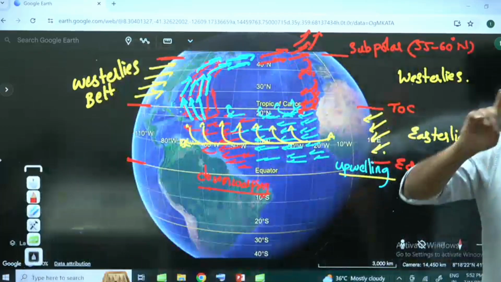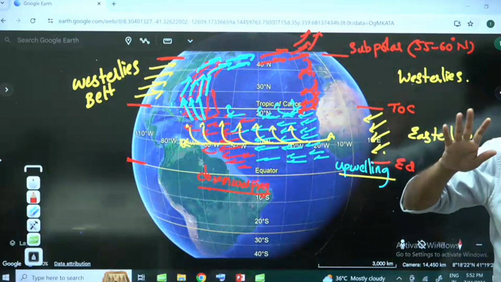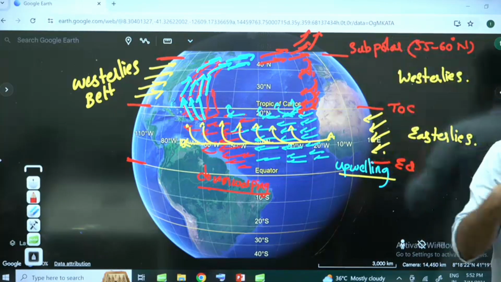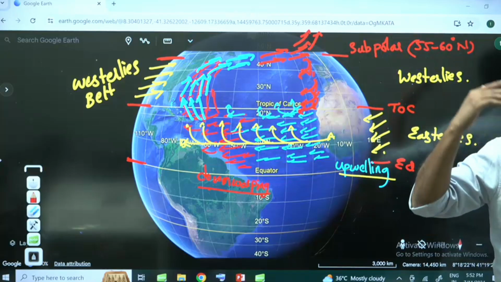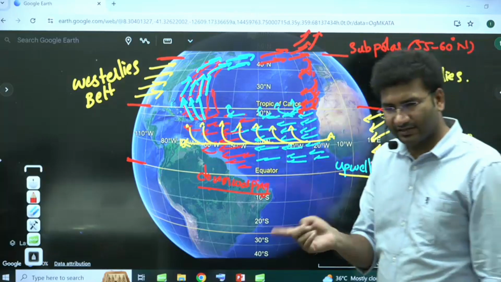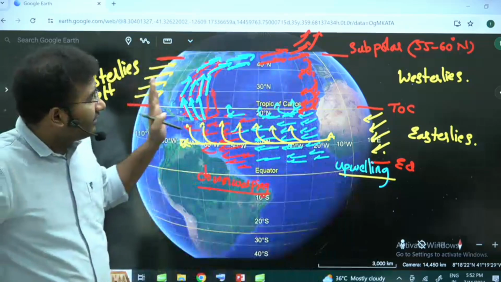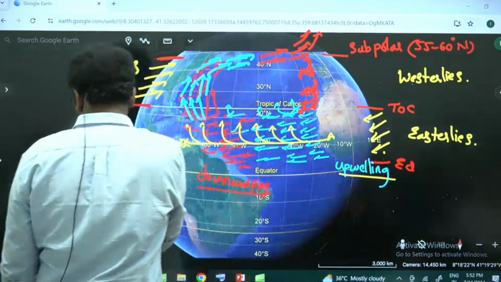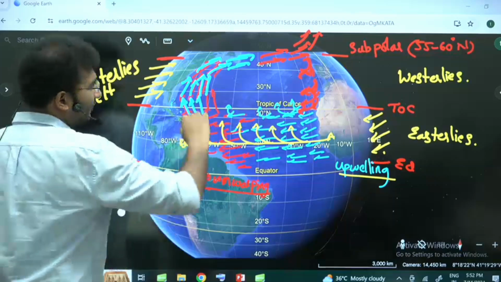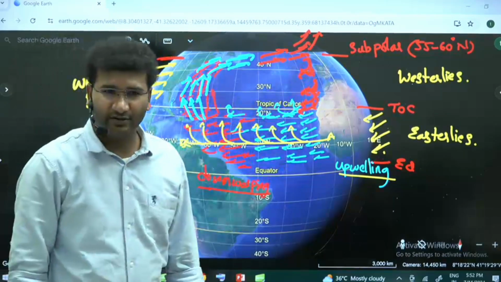Coriolis force. Everyone knows Coriolis force, any doubt here? Coriolis force, anything that is flying in the north will turn towards its right. It will not go in a straight line. Any aeroplane, anything. In the southern hemisphere, it is going to tilt towards the left. Right? This is clear. Now in a nutshell, can I say that this is one full circulation of water that is taking place in the North Atlantic Ocean?